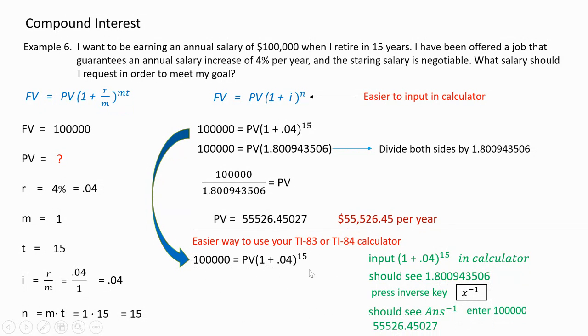But if you use it this way, there's an easy flow of the calculator. You don't have to stop it. If you use it the other way, you have to stop it and put this first and then divide it by 1.80943506. So there you have to stop the calculator, unless you know how to enter the parentheses in the right place.